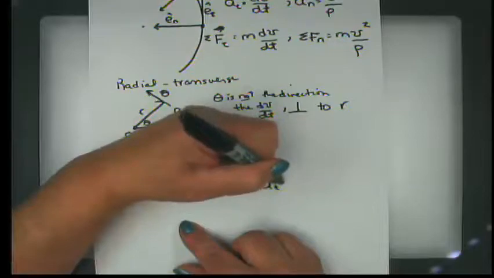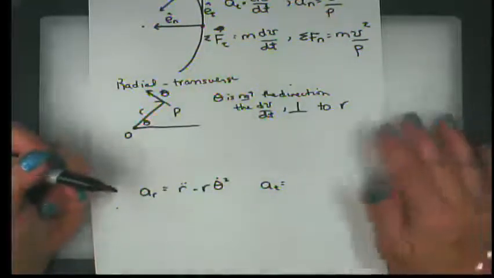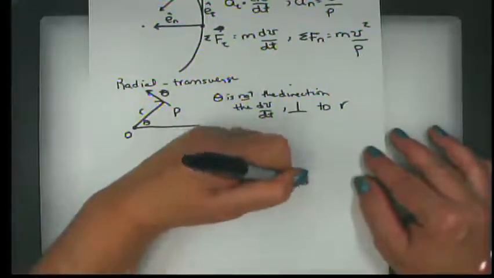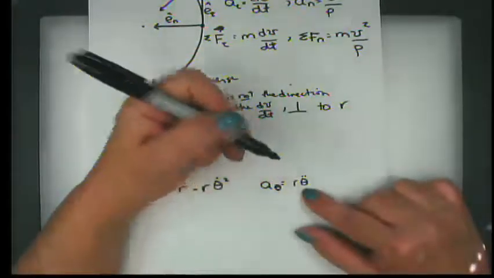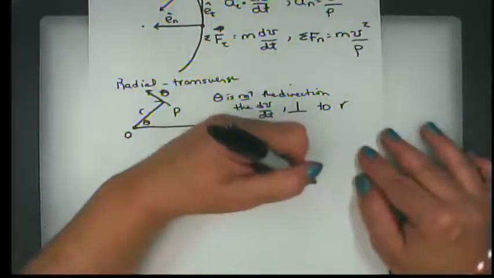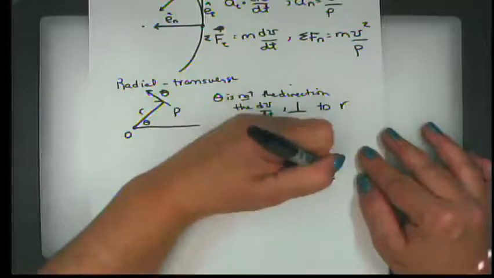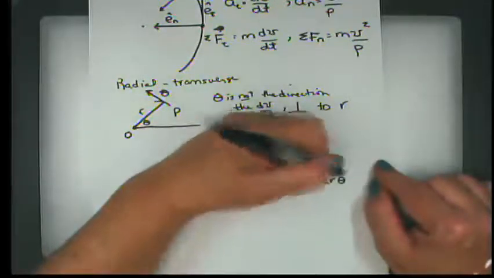And a sub theta, I keep saying t, I apologize, is equal to r theta double dot, the second derivative of theta with respect to time, plus 2 r dot theta dot, the first derivatives.